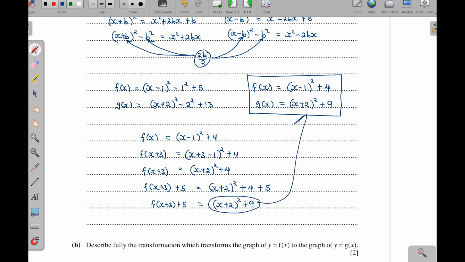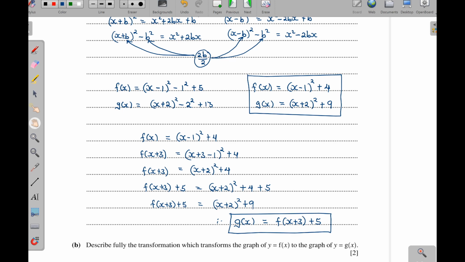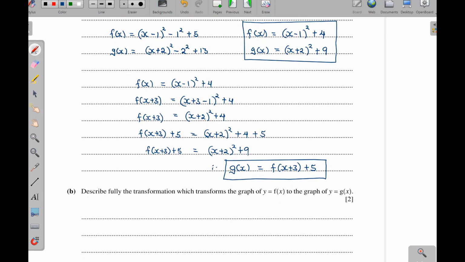This is our g here. So this simply implies that g of x is therefore equal to f of (x plus 3), then plus 5. And that is that. Then part B, describe fully the transformation which transforms the graph of y equals f of x to the graph of g of x.